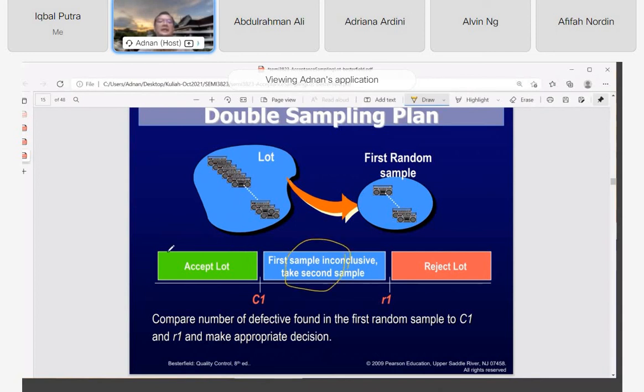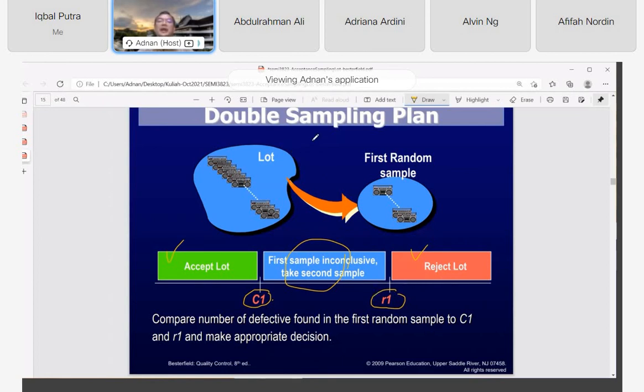If it is clear accept, no need to go to the second sample. If it is clear reject, also no need for second sampling. Second sampling only happens when it is inconclusive. C1 means the acceptance number based on the first sample, and R1 refers to the reject number after first sampling.